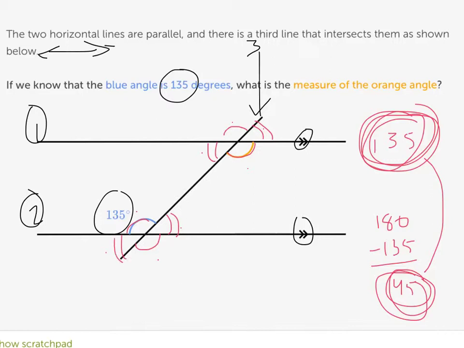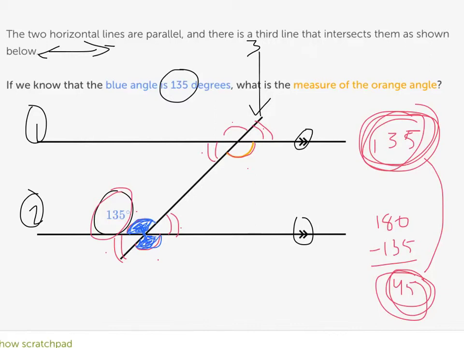Okay? So, the real way to do that, you know this one's 135, correct? Well, I'm going to mark them all with blue, since it was blue originally. Okay? If that's 135, we know the angle opposite is 135 because why? That's correct. They're vertical angles.